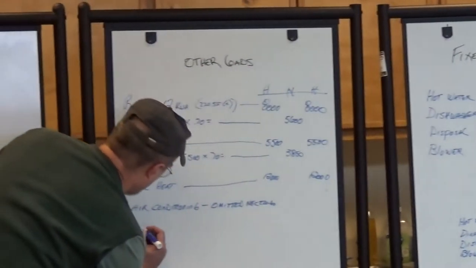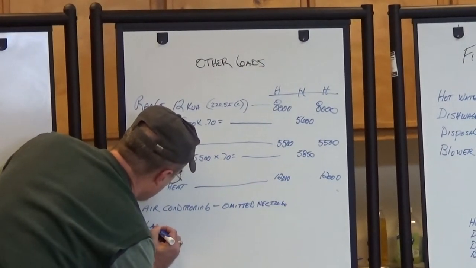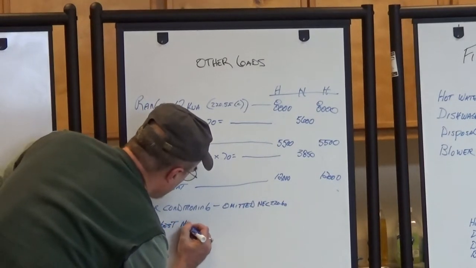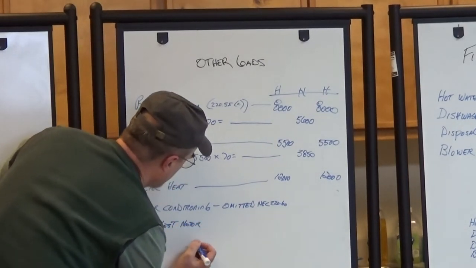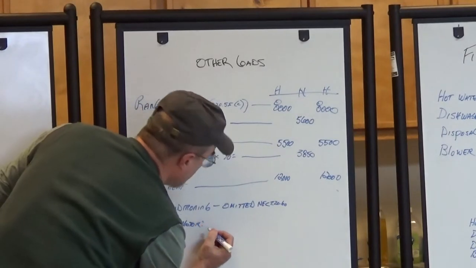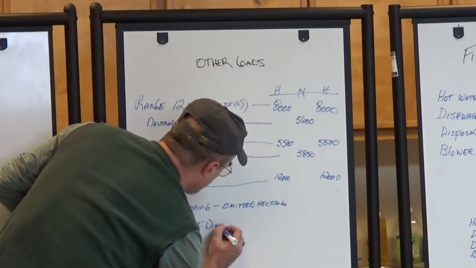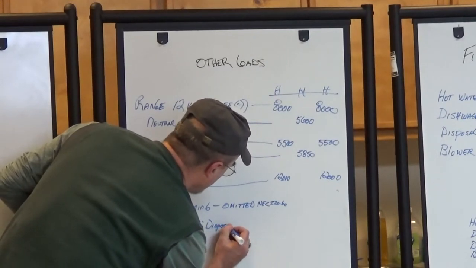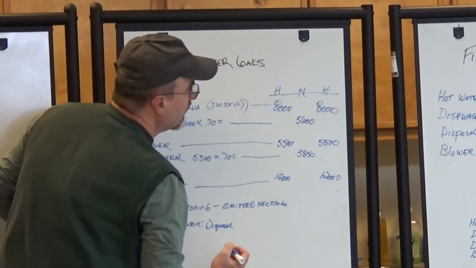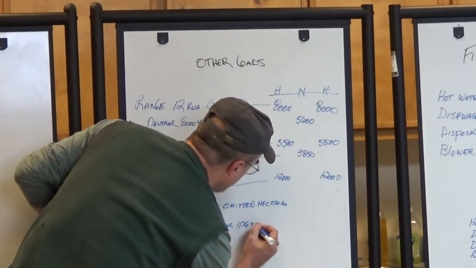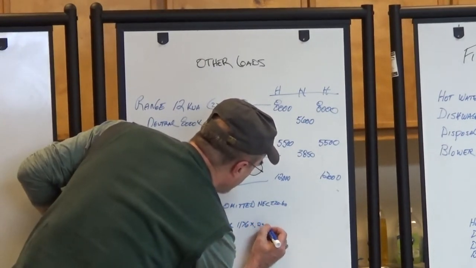So, largest motor is going to be the disposal. And that's going to be 1176 times 0.25.